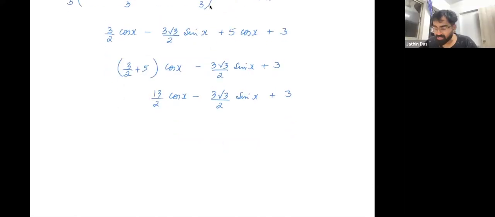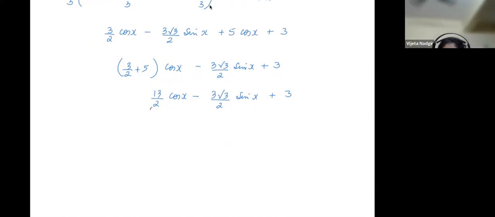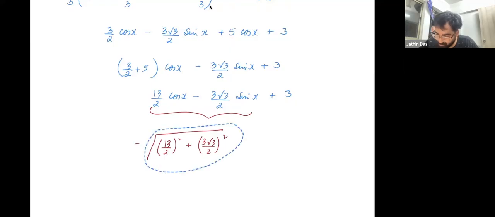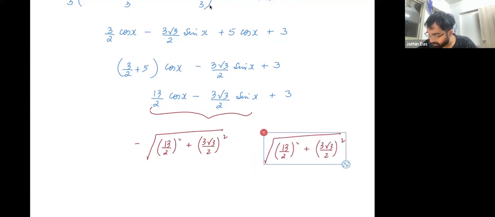Yeah, you got it like this? Just check. So its range is square root of 13 by 2 whole square plus 3 root 3 by 2 whole square, plus and minus. Correct? Yeah.